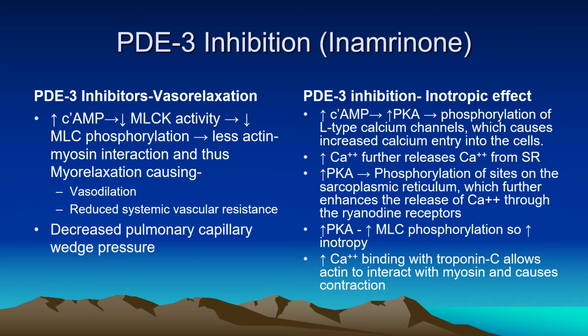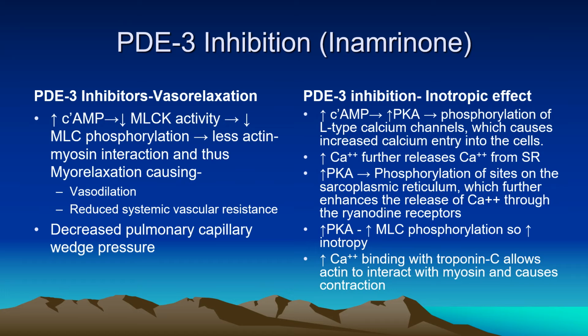Now, if you take the typical example of inodilator inamrinone, by phosphodiesterase 3 inhibition in the blood vessels, it increases cyclic AMP. The underlying mechanism of vasorelaxation is increased cyclic AMP. It is very intriguing to know the same increase in cyclic AMP in blood vessels does the opposite of what it does in the heart. Therefore, it must be understood nicely.